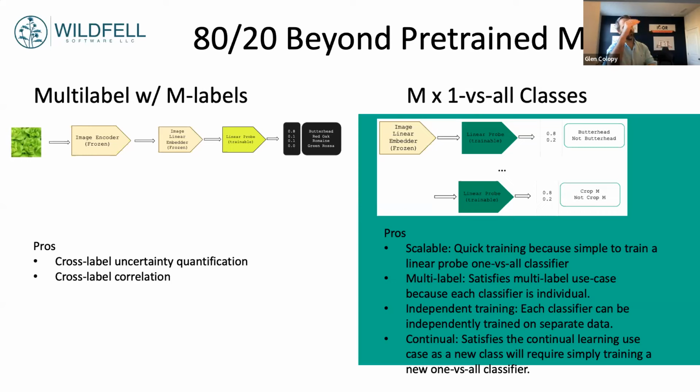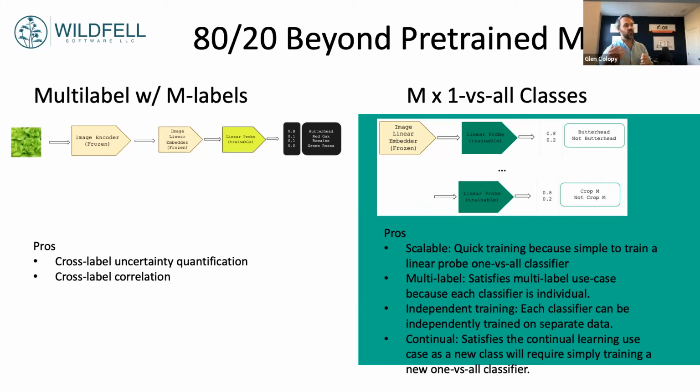You can train multiple of these logistic regressors, each on an individual class. What's cool about this is that you don't need data that has all labels. You can have individual or bespoke datasets for each class in your classifier.